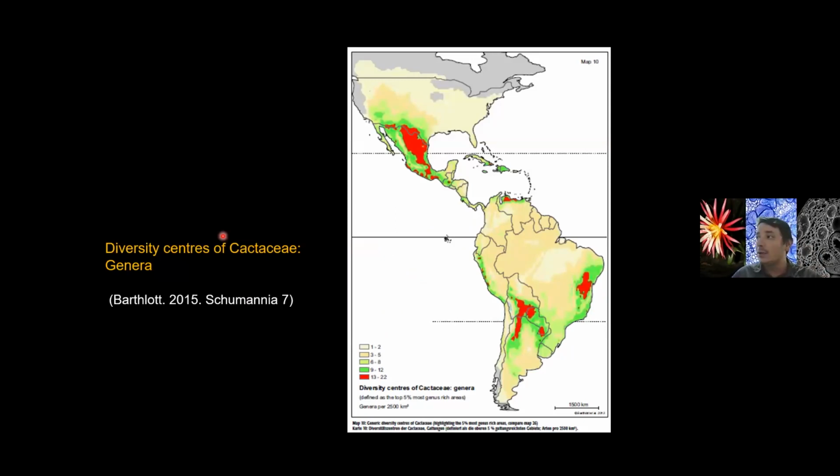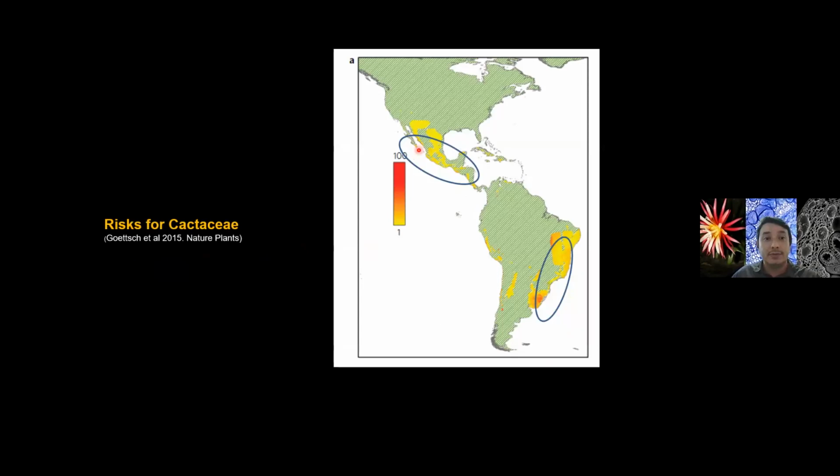And then when we look at the centers of diversity for the cactus family, there are some regions, some spots that have more genera. The diversity is a little bit higher in the northeast coastal zone of South America, in Brazil, in the Andes Mountains, in Mexico. And when we look at the risk for the family, these regions are also suffering some kind of risk.